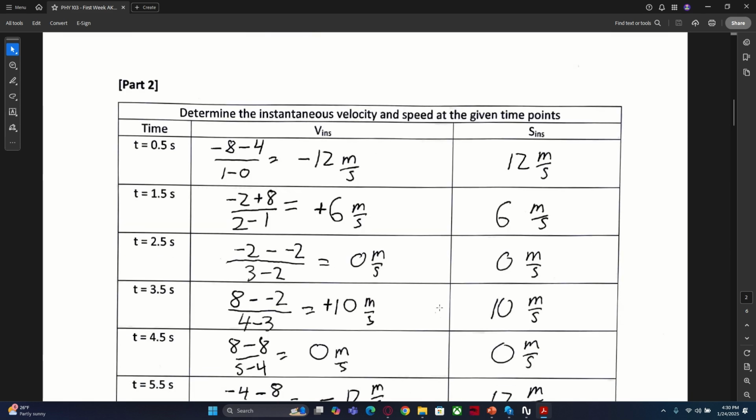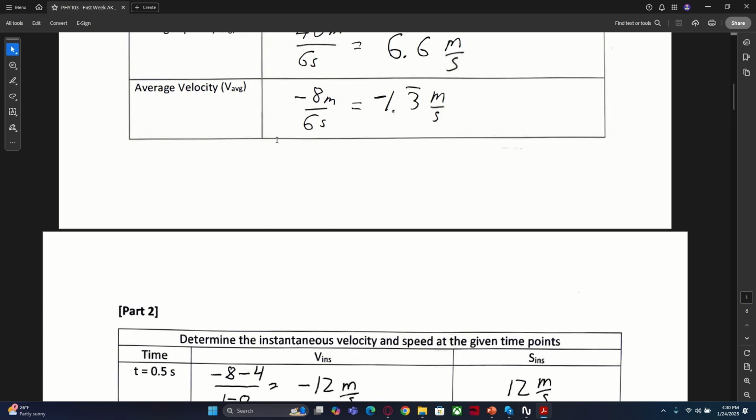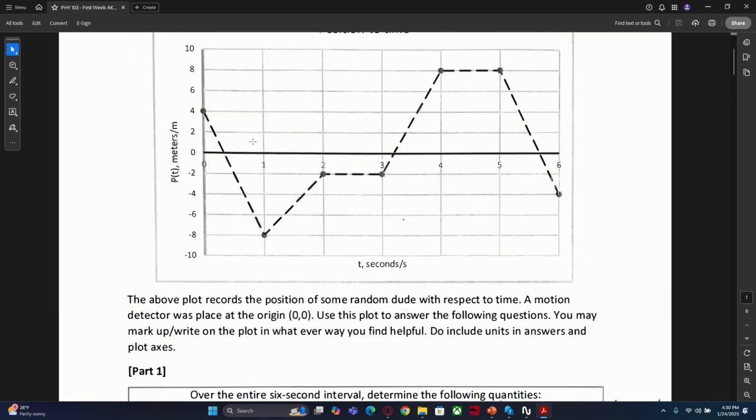As far as all of these different values for instantaneous velocity, these are just going to be the slopes. For our first line segment, how we got 12, -8, 4, 1, and 0: at time t equals 0.5, that's somewhere along this first line segment.